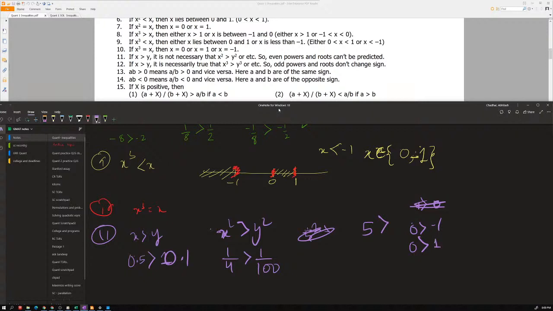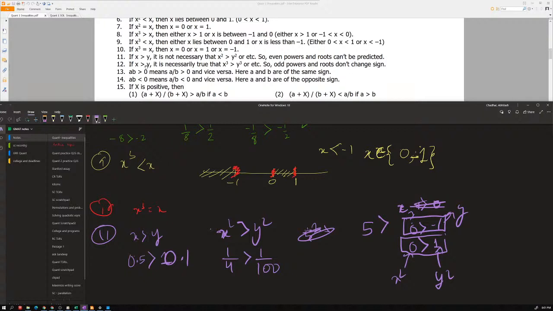So this one doesn't follow because, yeah, suppose this is x, this is y, then x square and y square. So this doesn't follow, this follows, right? So yeah, that's what it says. Doesn't mean that, so even powers of the roots can't be predicted.